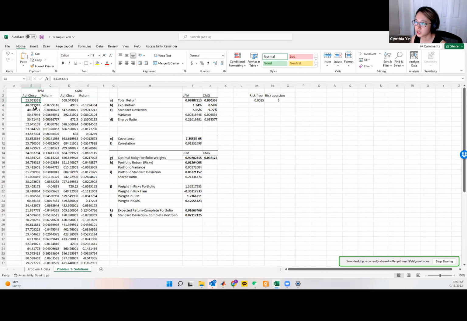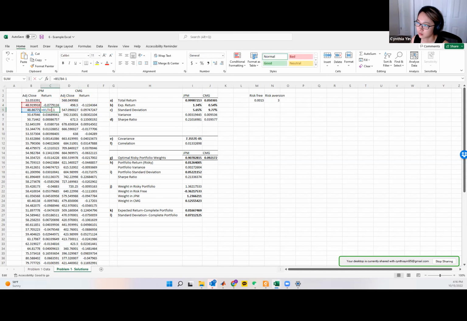These are all the adjusted close prices throughout the time. And the return is just the second one divided by the first one minus 1. So think as if this is the price at t plus 1, and this is the price at t. Same for here, the return is just the next period price divided by the previous period price minus 1.